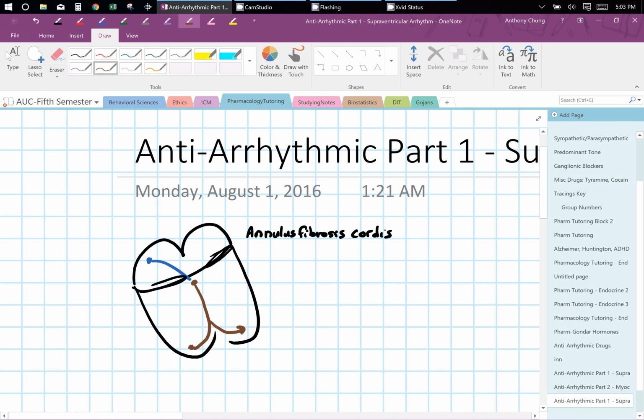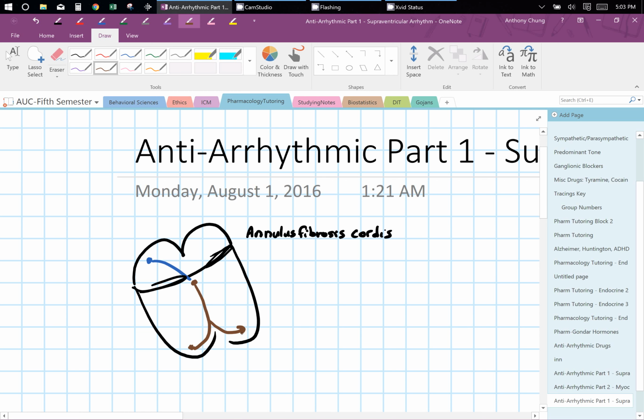People live with atrial fibrillation for years. I've seen a patient in my rotation recently that had atrial fib for the last 10 years. They have to use warfarin to make sure that they don't make a mural thrombus or anything like that. But overall, you can live with crazy electrical disturbances in your atria.